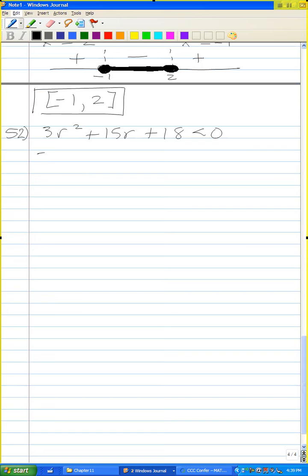Let's factor out a 3. r squared plus 5r plus 6 less than 0. Let's factor. It's a monic polynomial. Bring down the plus. Plus times plus is plus. I want two whole numbers whose product is 6 and whose sum is 5. 3, 2.